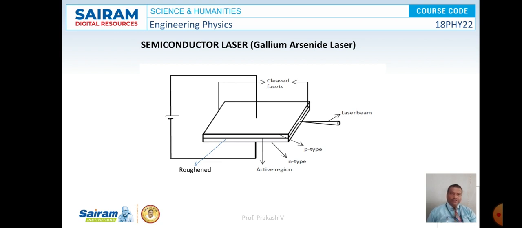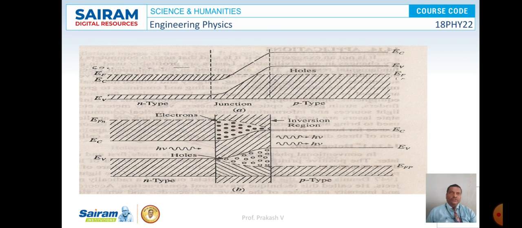When we look at the energy band diagram of the gallium arsenide laser diode, in between P and N you can see the PN junction, which will act like an active medium, and the number of electrons in the conduction band of N type will be greater than those in the valence band of P type.